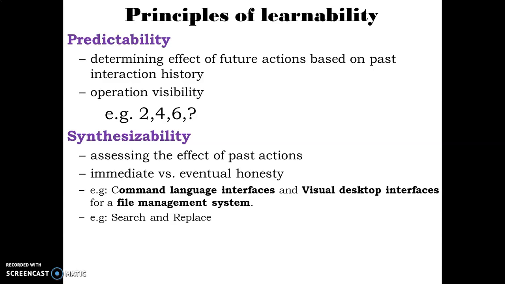Another example of this immediate honesty over eventual honesty is, consider that there is a global search and replace operation in a word processor. So, the tendency of the user is to repeat words in a document. For example, the user types "the the" without noticing the error. So, the user wants to proofread automatically and decides to replace globally all occurrences of "the the" with "the", as shown over here.